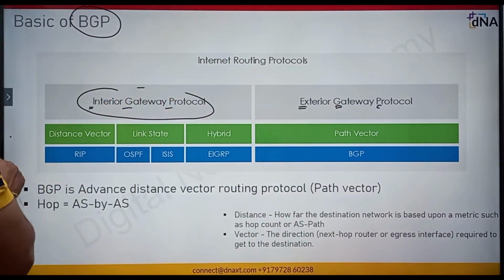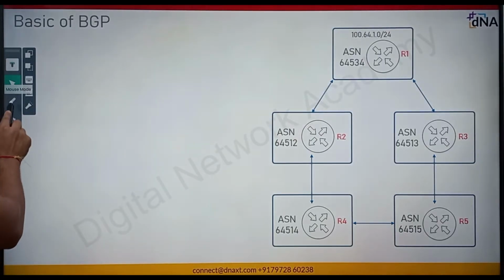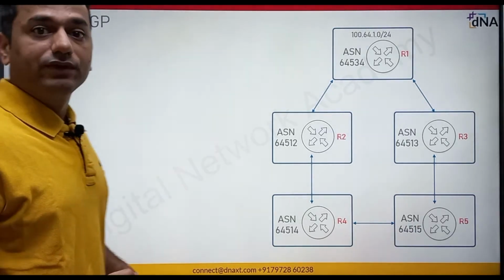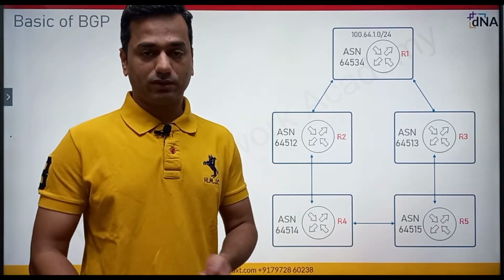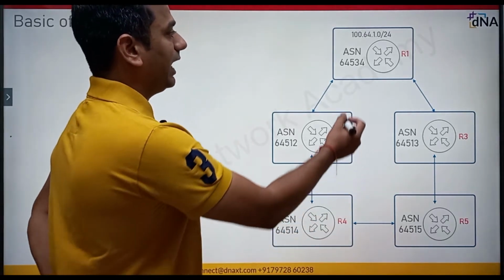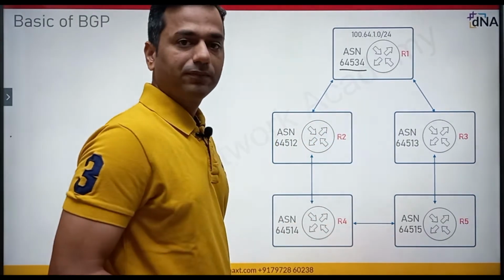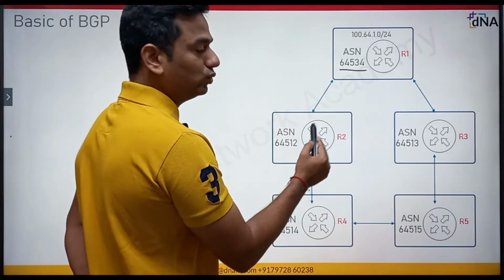Okay, so now let's discuss a little further about the path vector. When we say BGP is an advanced distance vector routing protocol or path vector protocol, how does it work? Consider we have an AS number 64534, right? Then it is connected to two different AS.